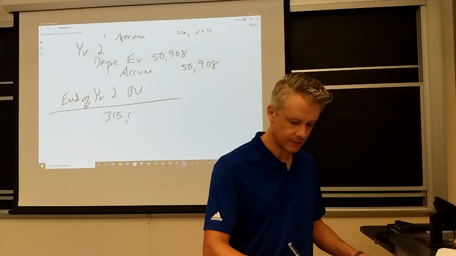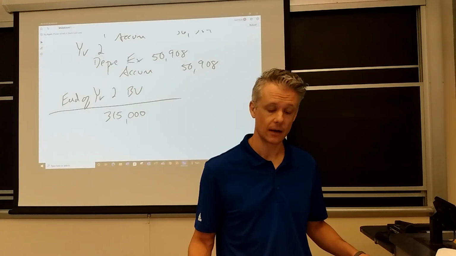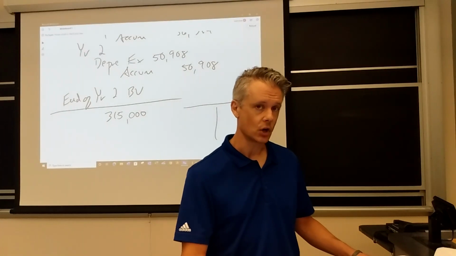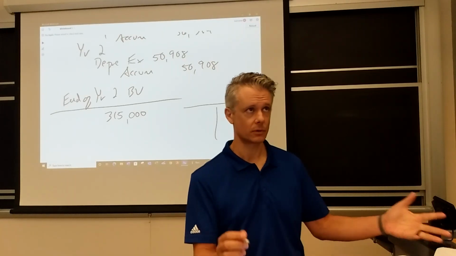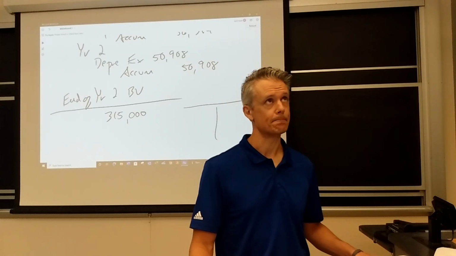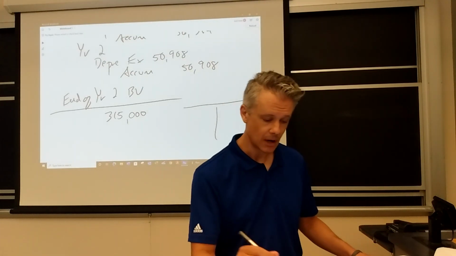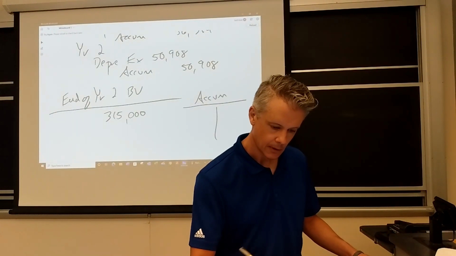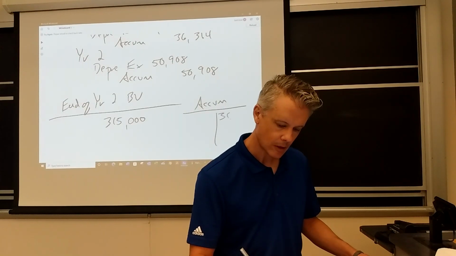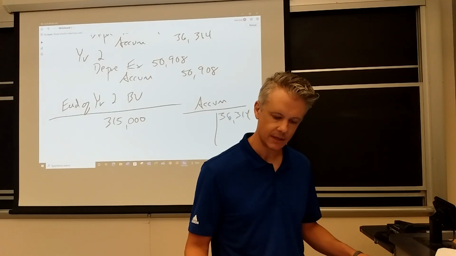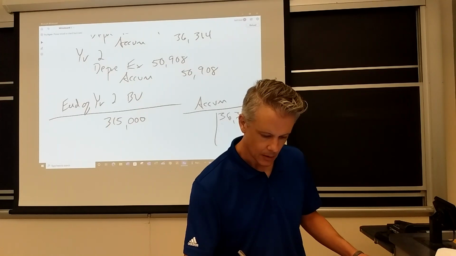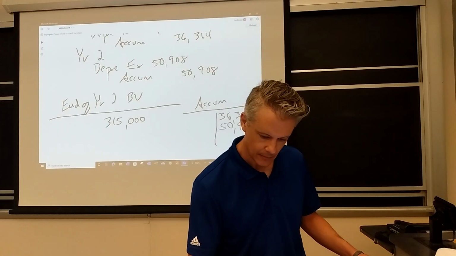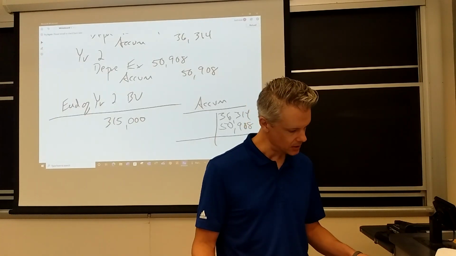Well, we paid $315,000 for this asset, and over these 2 years, which is really 20 months, we had $36,364 in year 1, $50,908 in year 2.